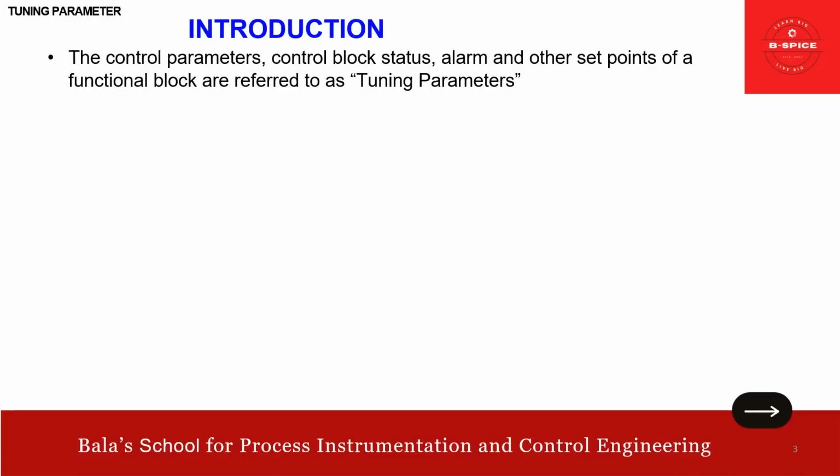Let's move on with the details now. The control parameters, control block status, alarms, and other set points of function blocks are referred to as tuning parameters. What is tuning? It's nothing but control parameters: control block status, alarm, other set points. These are the tuning parameters.